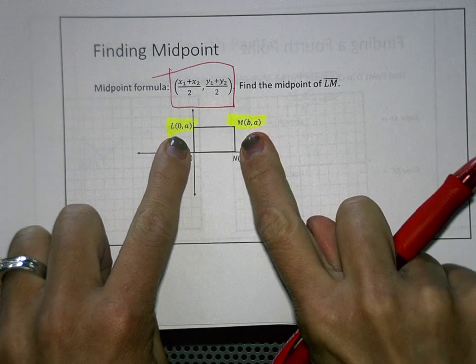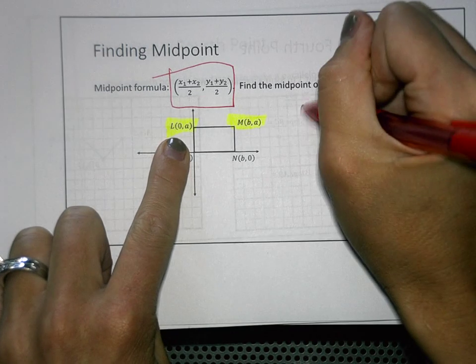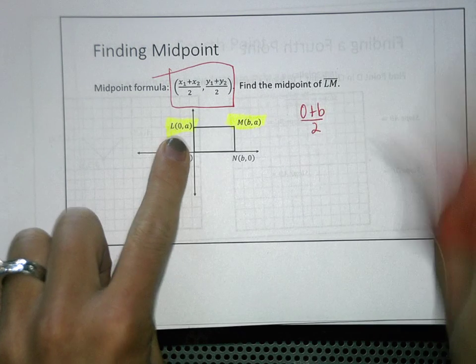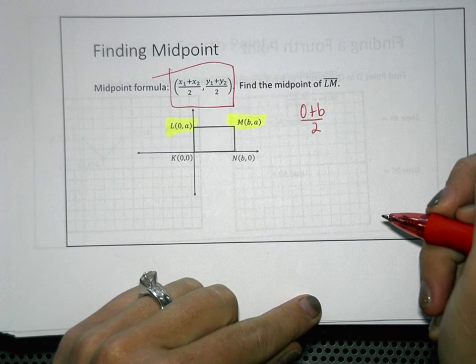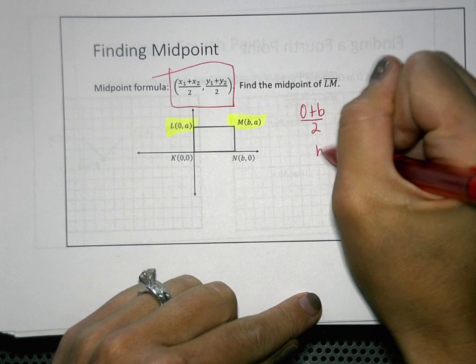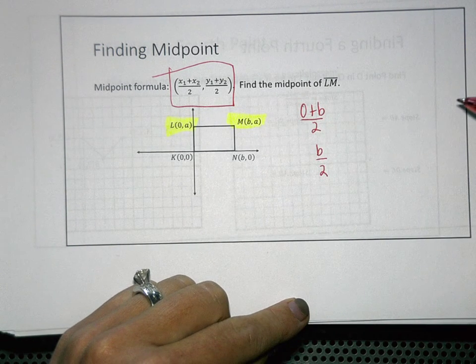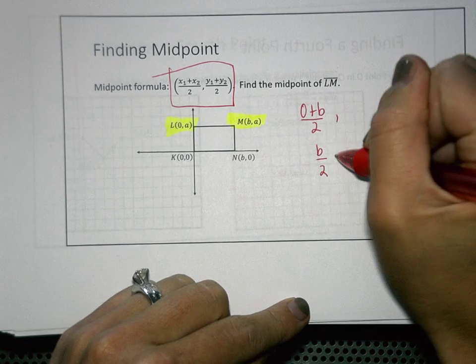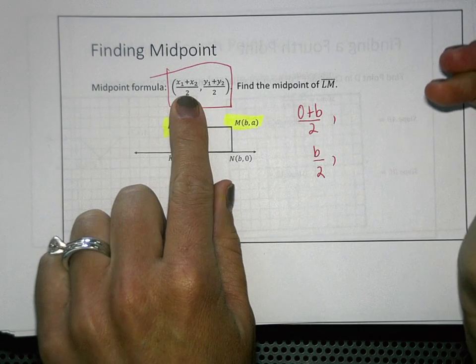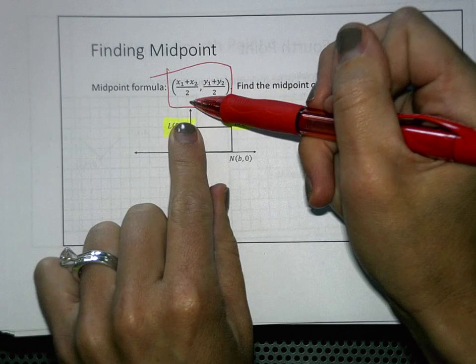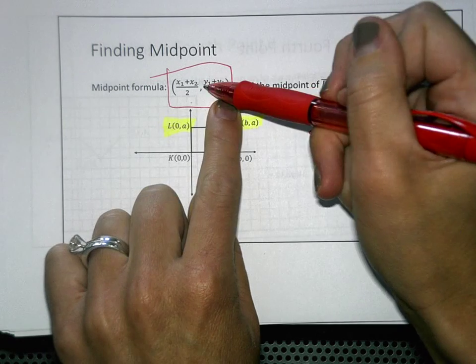So in this case, 0 plus b and divide by 2. Well, what's 0 plus b? B. So b divided by 2 is the x value of my midpoint. Remember, when you're finding your midpoint, you're adding both of the x's together and dividing by 2. You're adding both of the y's together and dividing by 2.